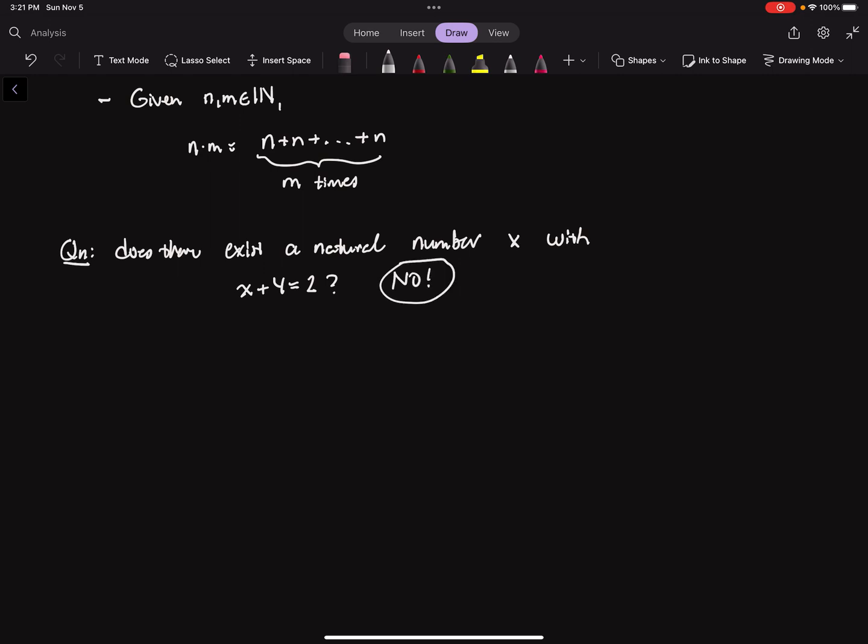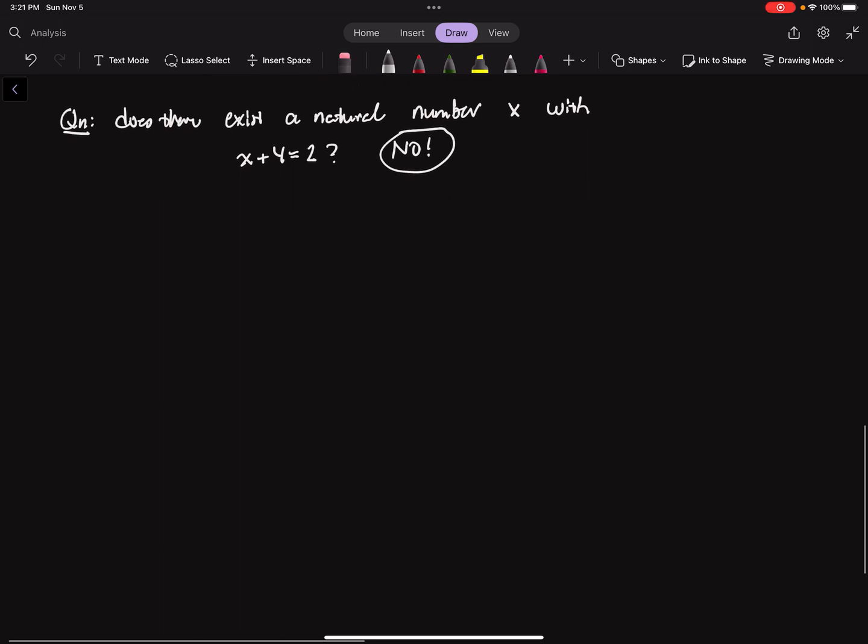So what we are compelled to do, because we can frame these problems in the language of the natural numbers that have no natural number solution, is to expand our notion of number to this new set.